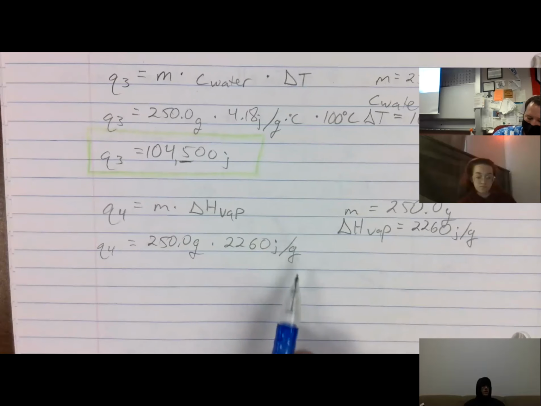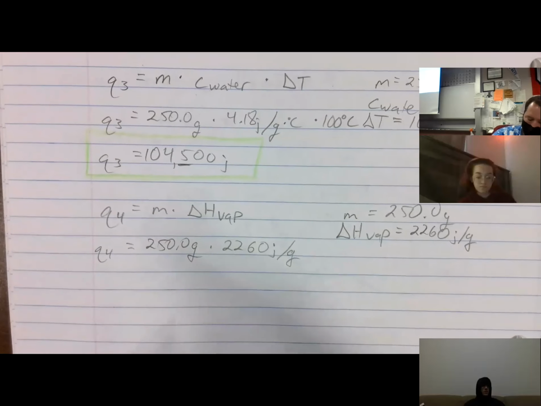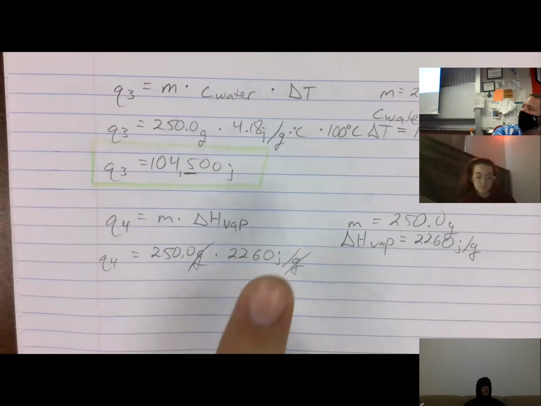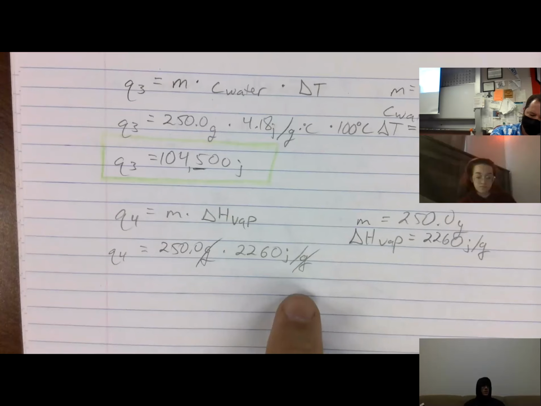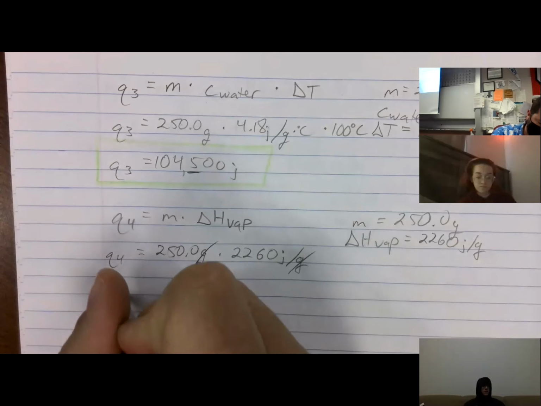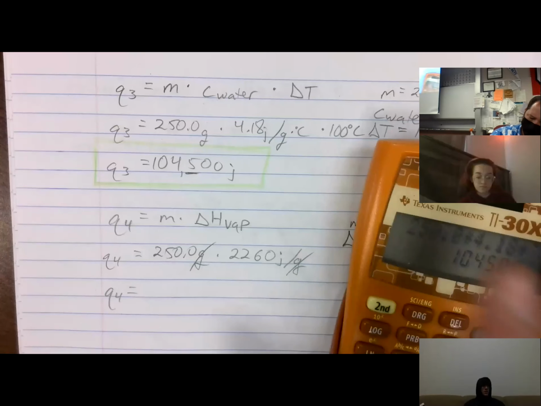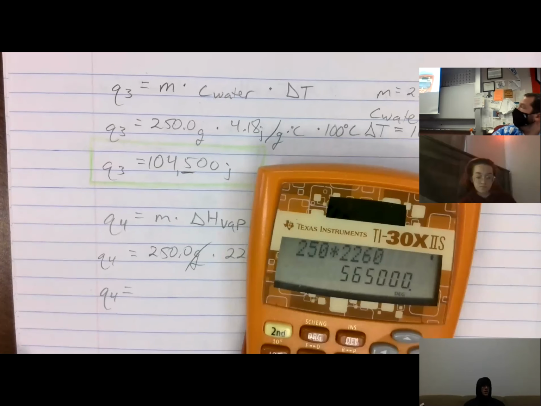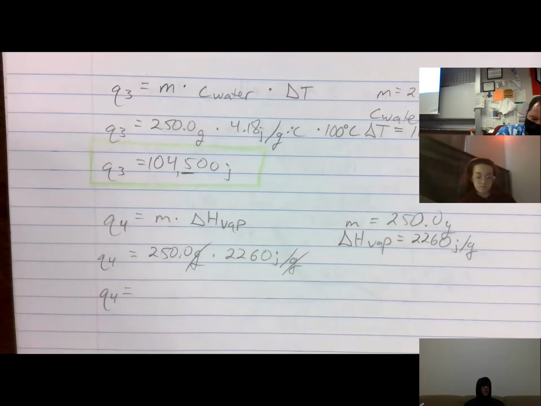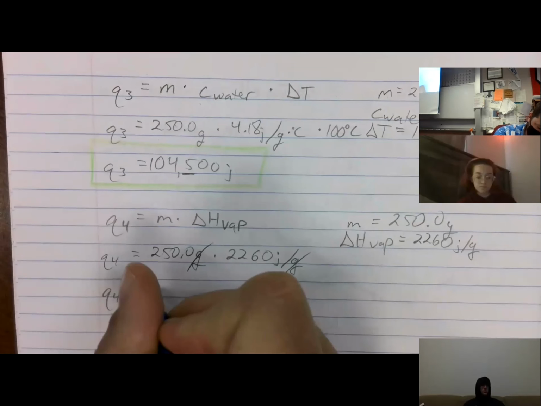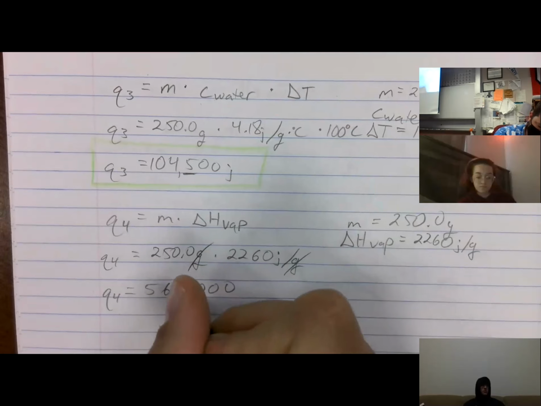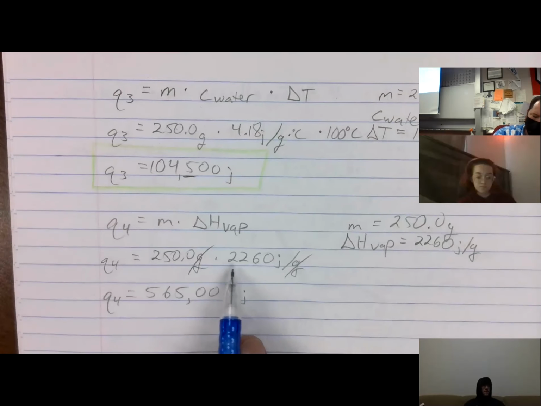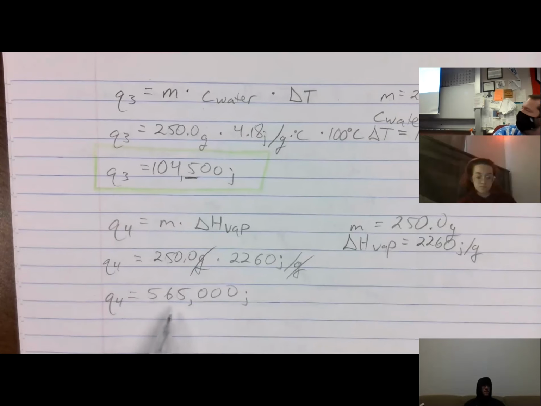And we've got grams on the bottom. So grams divided by grams cancels out. We're left with just joules. That's what we want because we're looking for energy. Works out well. Four significant digits, 3 significant digits. That works out well.